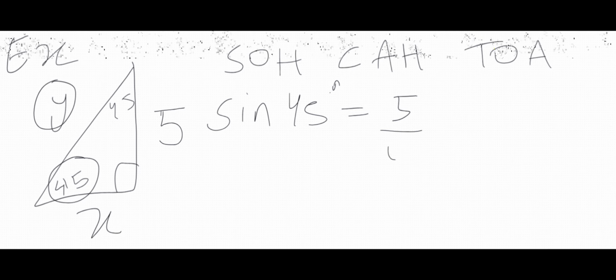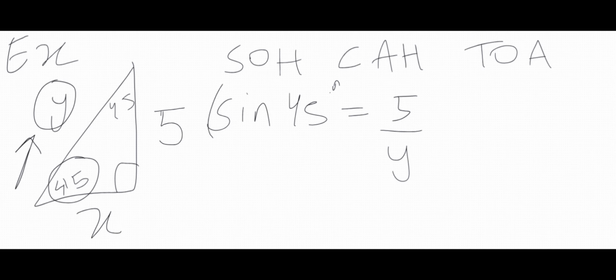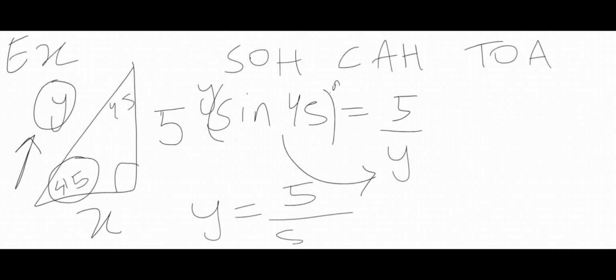Since y is in the denominator, we gotta bring it up top, so we multiply the whole thing by y, and sine 45 goes on the bottom. So y equals 5 divided by sine 45.